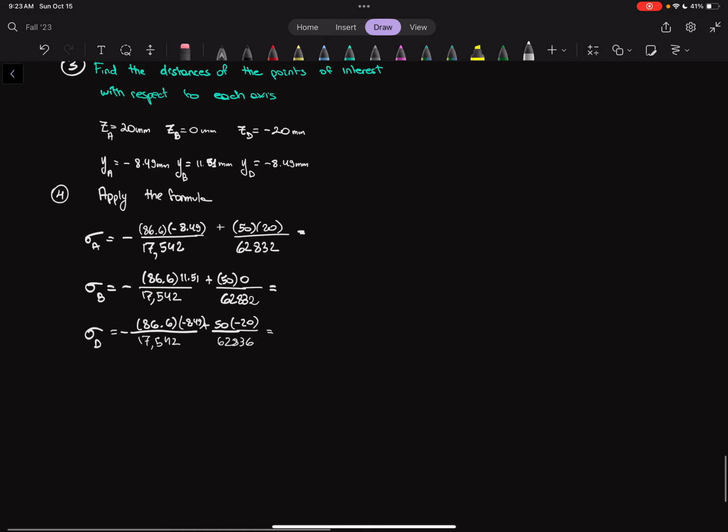And so now let's do this real quick. So that's going to be 86.6 times the negative of 8.49 divided by 17,542. It's really 543 if you round it properly.